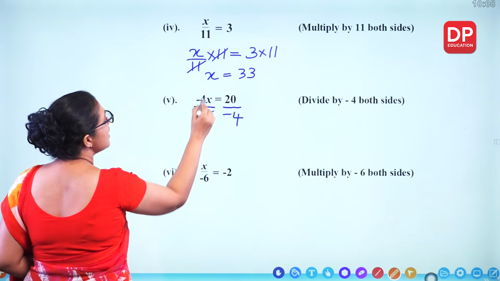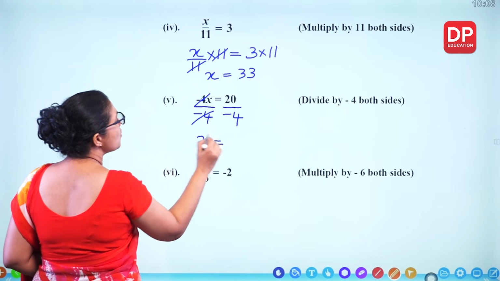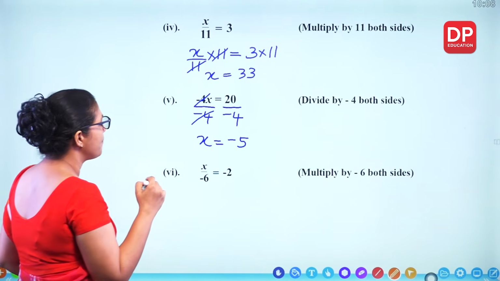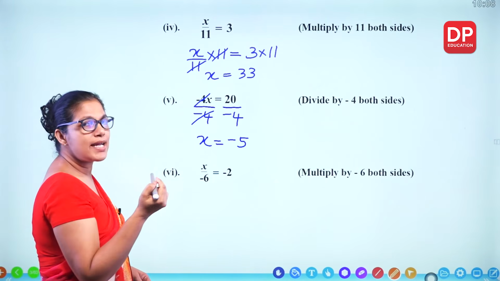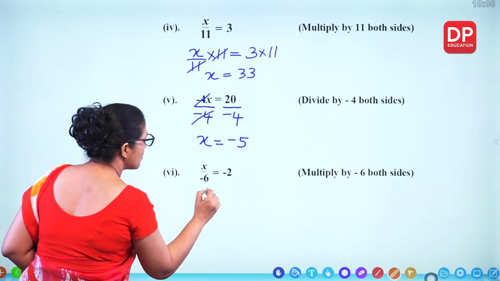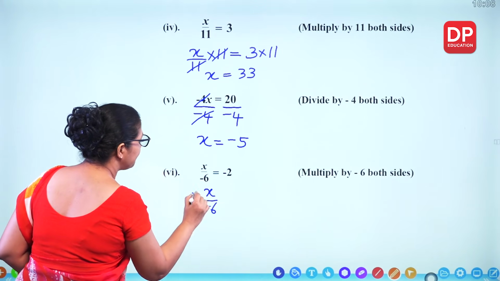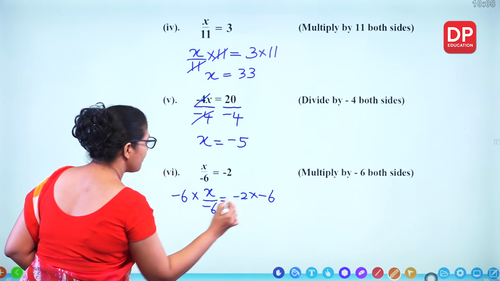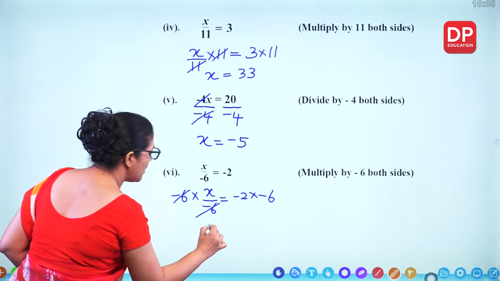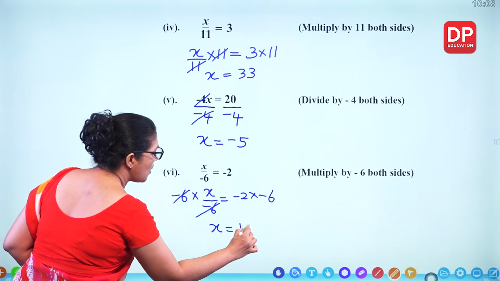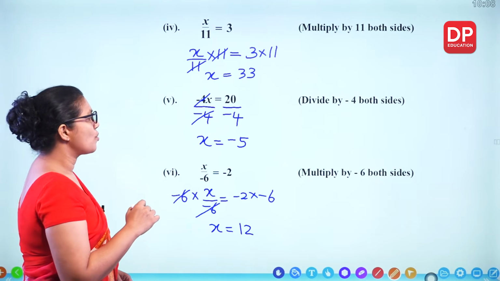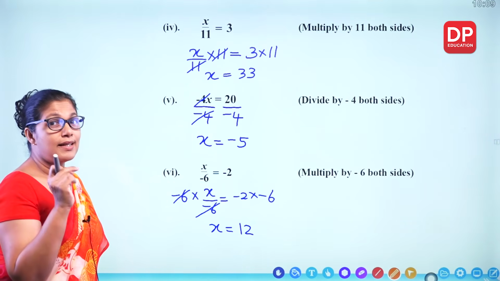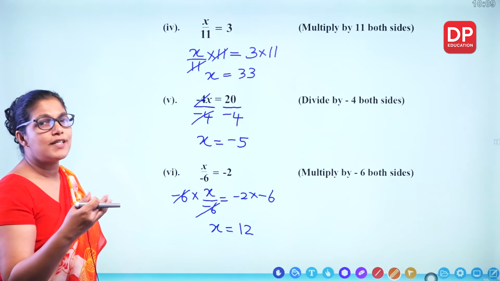So you get x equals 20 over 4, which is minus 5. This one, x over minus 6, multiply both sides by minus 6. You get x equals 12. 6 times 2, 12. So, always when you want to get the letter, you do the inverse operation.